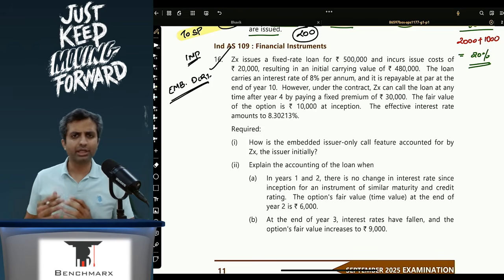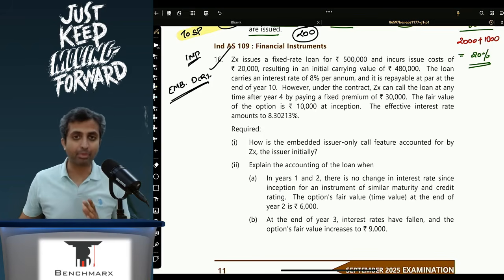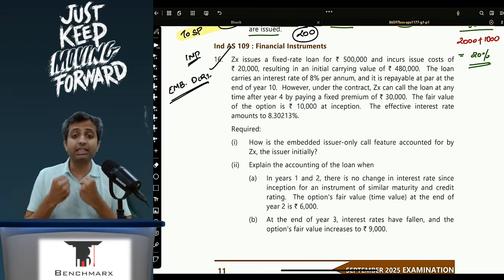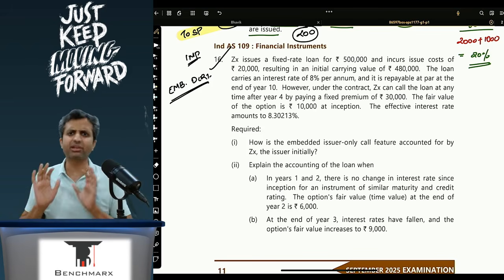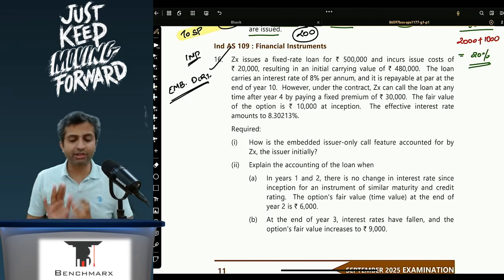And before we start reading the question, I'll just run you through the concepts which are there for loan with a prepayment option. Now, this is a section of embedded derivatives, and within embedded derivatives, we have been taught that if there is a host contract which is a financial liability, let's say a loan that you have taken. Remember, loan taken is a financial liability, loan given is a financial asset.